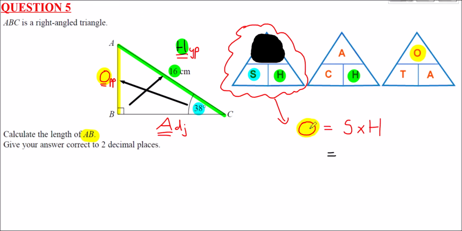So S stands for sine of the angle we know, so that's going to be sine 38, and H is the hypotenuse, which is 16. Now we need to use the calculator carefully.